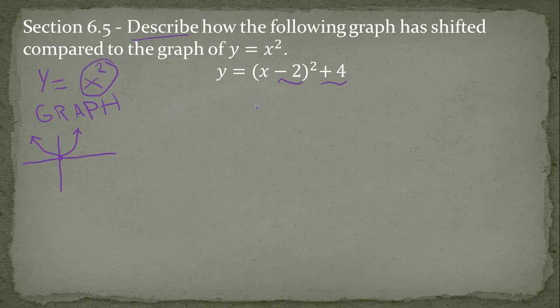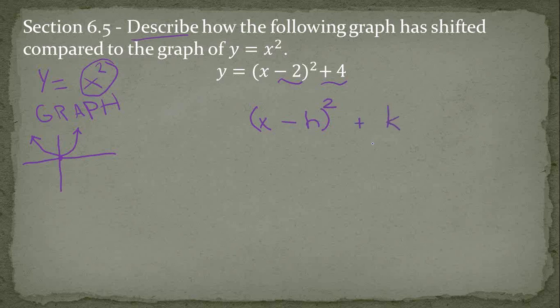The rule is this. When you have x squared, you get a parabola. If you add or subtract something to the x, that's called the h value. It represents horizontal shift.